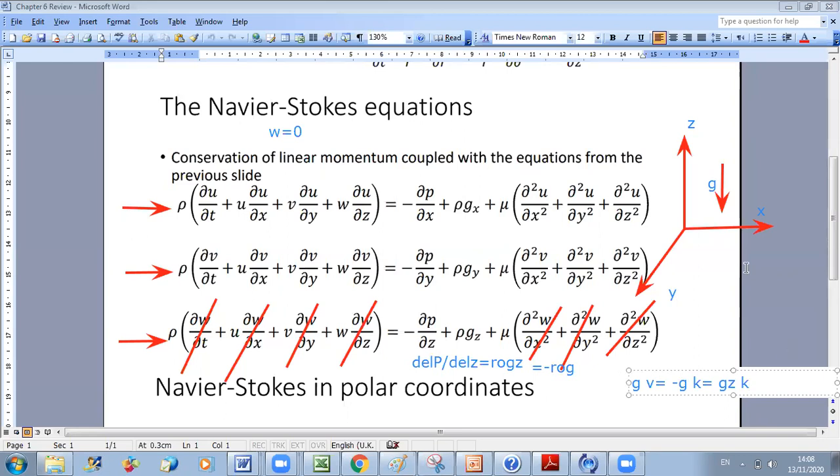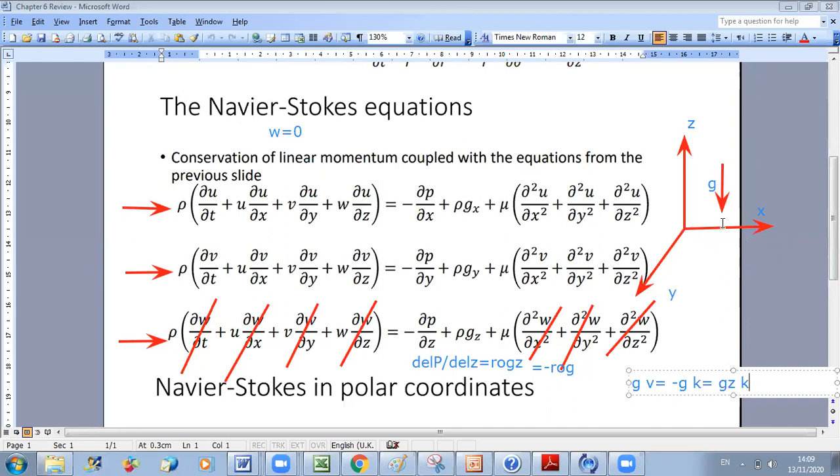Now, if I consider that I am working in the horizontal plane, in the xy plane, why can I consider this? Because I have flow only along u and v, in a horizontal plane. So what will be z in this case? It will be 0.